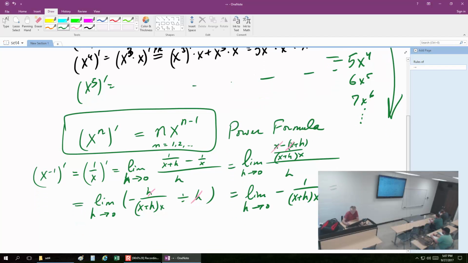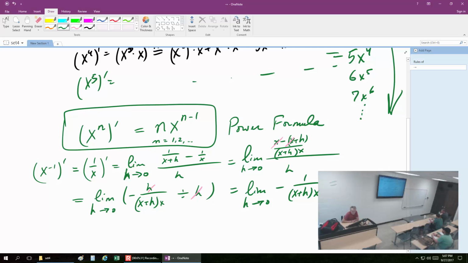What is this limit equal to? As h goes to 0, with x not equal to 0 naturally.